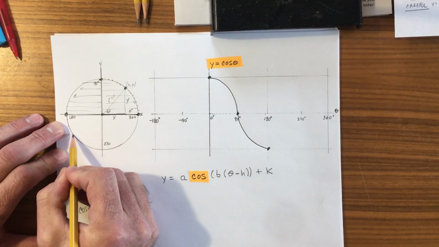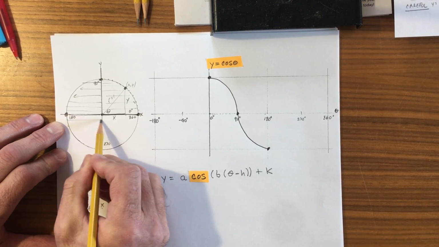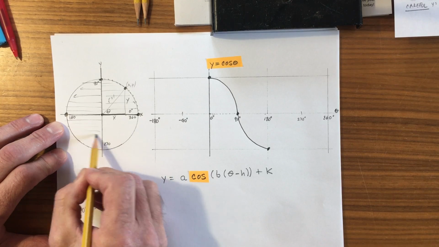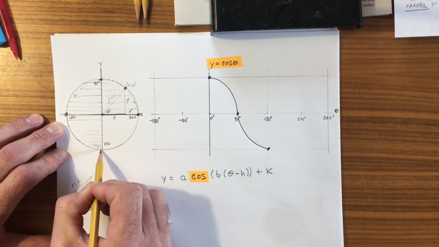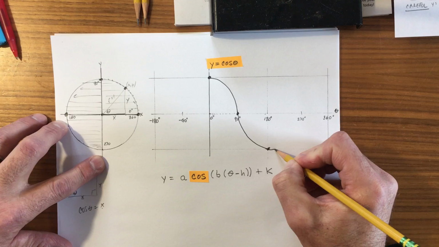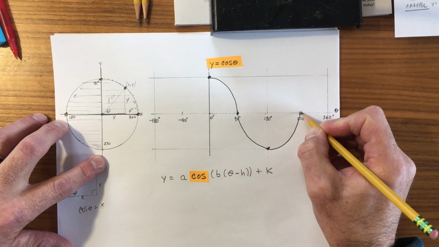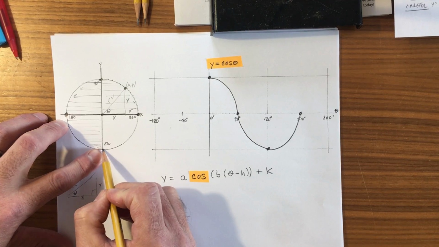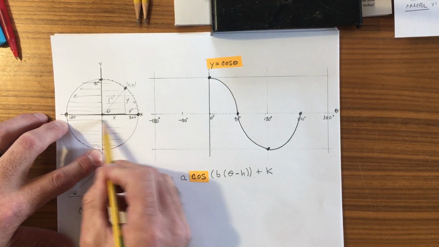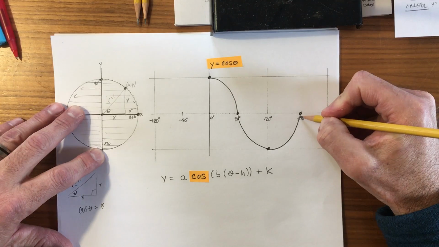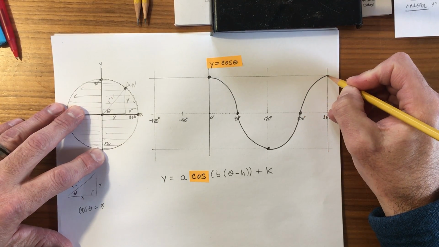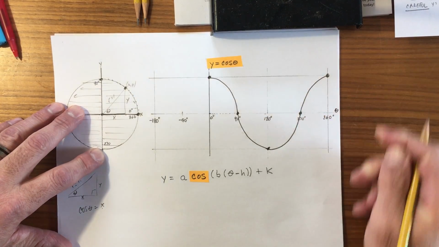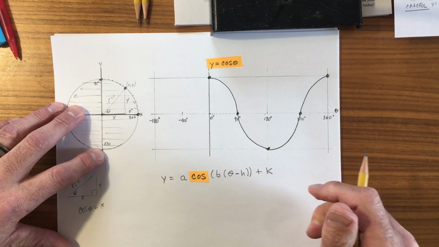And then as we go around to 270, the x values are still negative, but they're getting smaller negative until they reach 0. And then the x values are very small, but they get bigger until they reach 1 at 360 degrees.